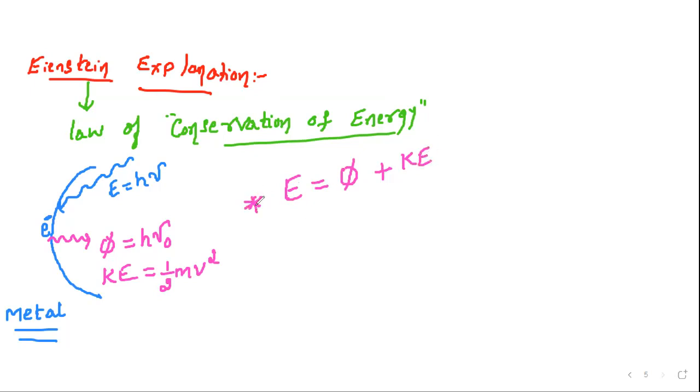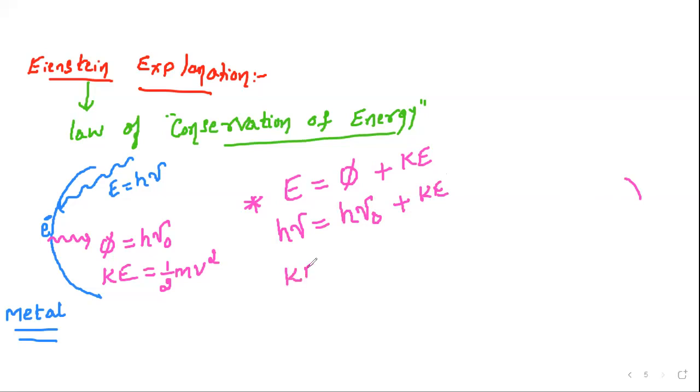Because according to conservation of energy, energy can neither be created nor destroyed. So total energy is equal to work function plus kinetic energy. Total energy is nothing but E equal to h nu, and work function is equal to h nu naught, plus kinetic energy, which can be taken as KE.